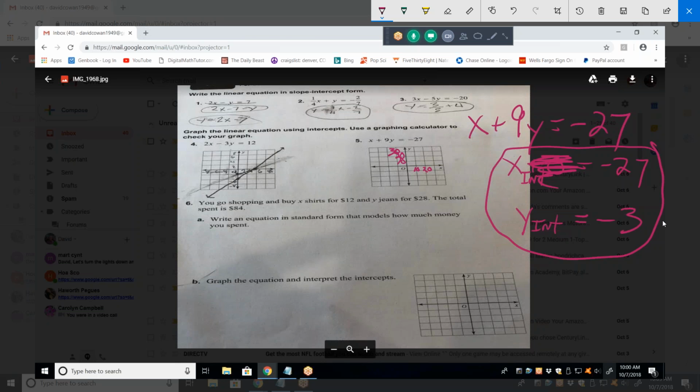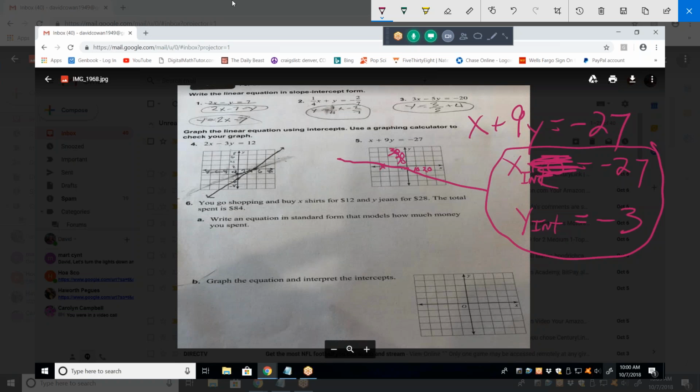So the x-intercept is at minus 27 right there. The y-intercept is at minus 3, which is somewhere right there. Connect the 2 dots with a straight edge, and there's your graph.